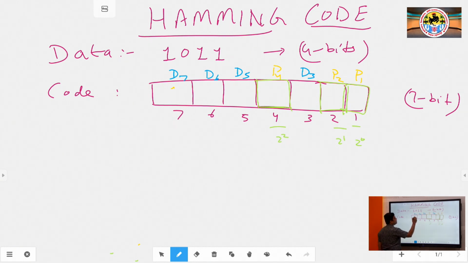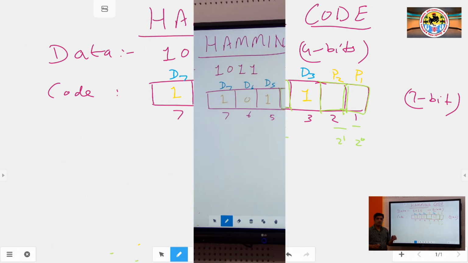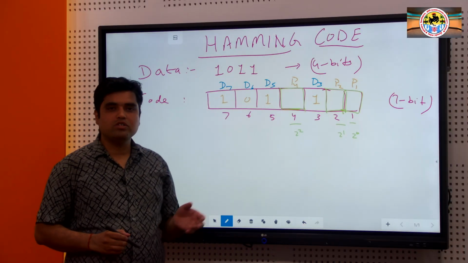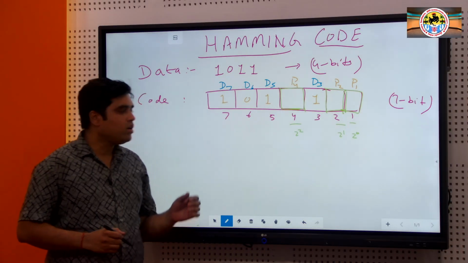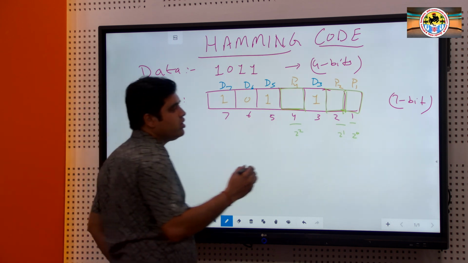Data is 1 0 1 1. Now, our objective is to make a 7-bit code. Out of these 7 bits, 4 bits are given. Now, we have to find the remaining 3 bits, and I am going to tell the process of calculating these 3 bits.